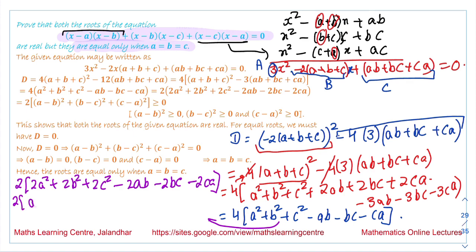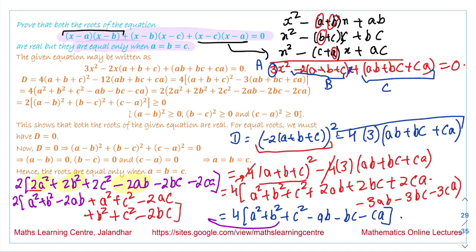So it is 2 times (a square plus b square minus 2ab), next we are left with plus (a square plus c square minus 2ac) plus (b square plus c square minus 2bc). We are having 2a square, these terms a square, a square, next b square and b square, and last c square and c square. So these three terms are over here.